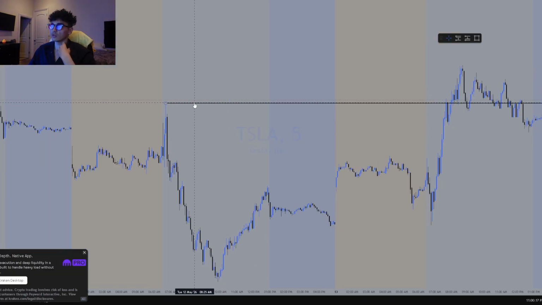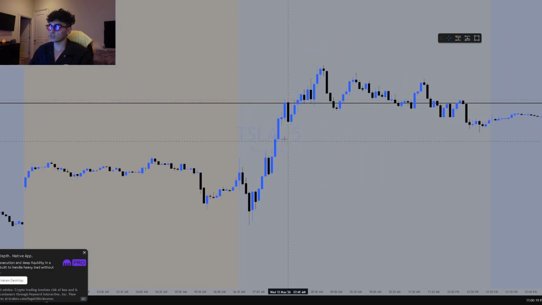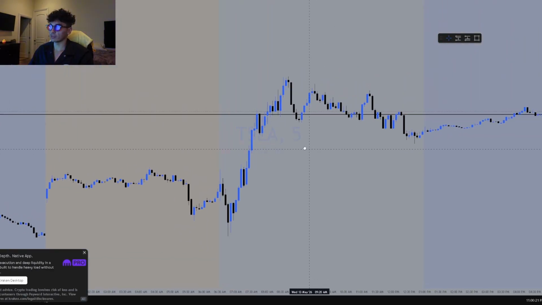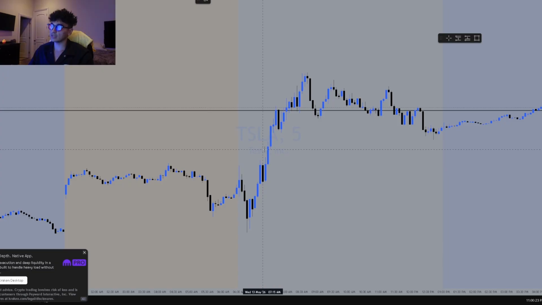So boom, we marked out our resistance level here, and what do we have? We can see that price did tap into this level. We got a bit of hold within price, a rejection to the downside. Nothing too crazy, but pretty shortly after, you can see that those buyers were simply way too strong. They broke through that barrier and continued that buying momentum.